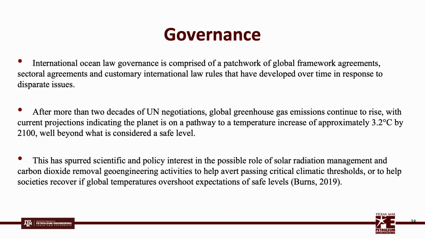International ocean law governance is comprised of a patchwork of global framework agreements, sectoral agreements, and customary international law rules. The planet is on a pathway to a temperature increase of approximately 3.2 degrees Celsius by 2100, far beyond a safe level.